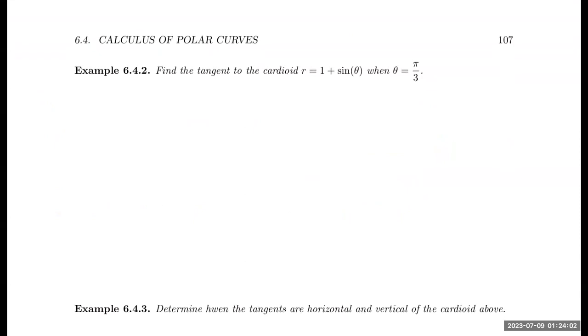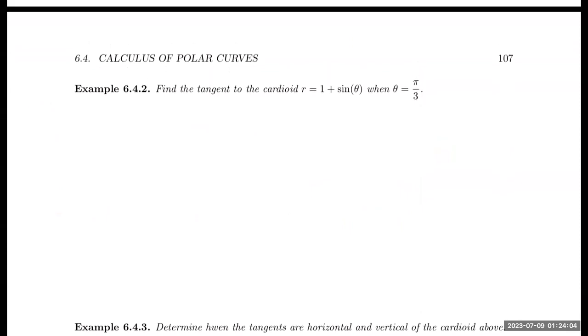Okay, so x here, let's have a look at x. We know r is equal to 1 plus sine theta. So that means x is going to be 1 plus sine theta times cos theta. So that is going to be cos theta plus cos theta sine theta.